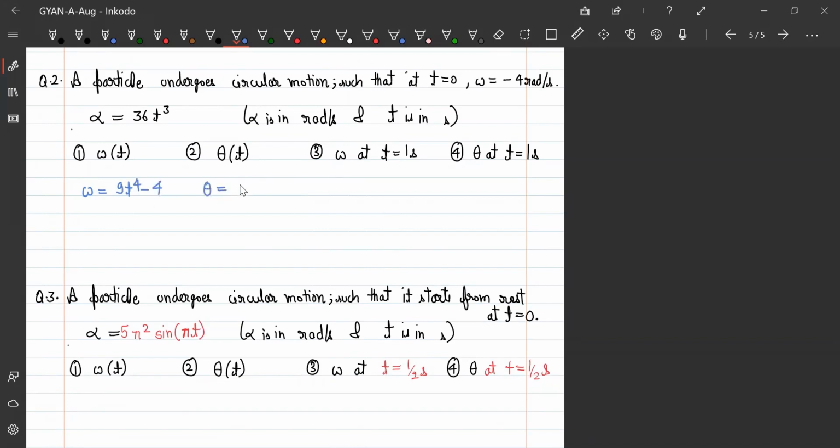Theta is equal to 9 by 5 into t raised to 5 minus 4t. Right. What is omega at t is equal to 1 second? 5 radian per second. And theta at t is equal to 1 second? Minus 11 by 5 radians. Correct.